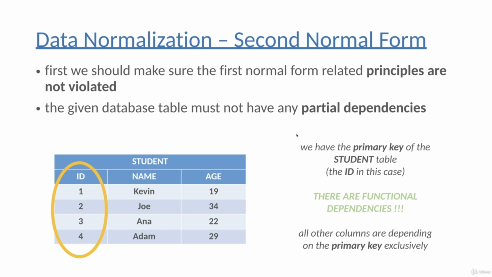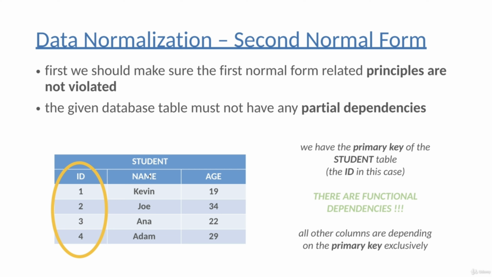So if a given database table has functional dependencies exclusively, it means that we have achieved data normalization, because every single column besides the primary key is depending on the primary key exclusively, which means that the primary key does indeed identify a given student.